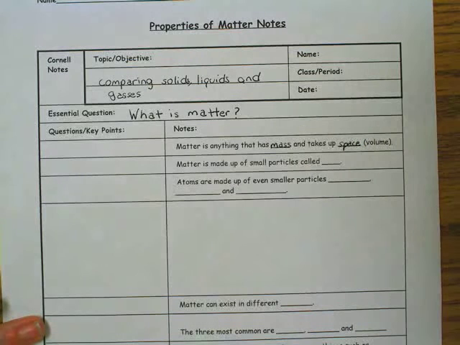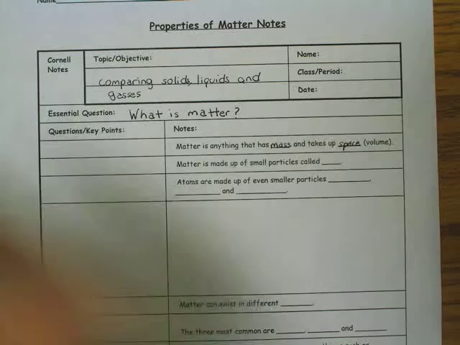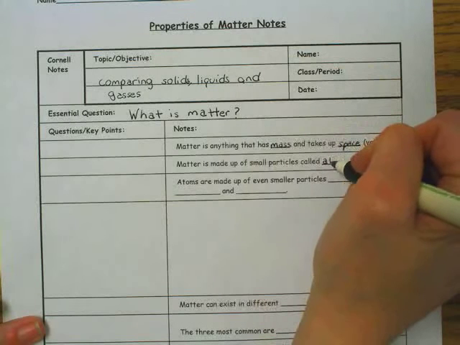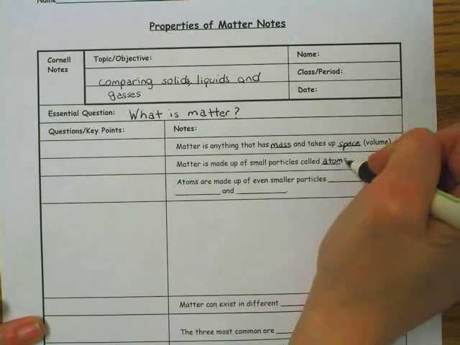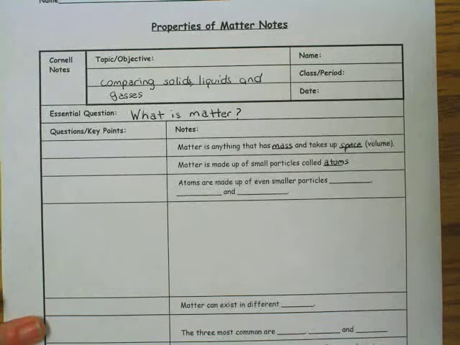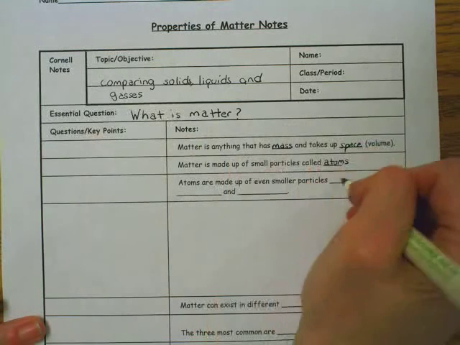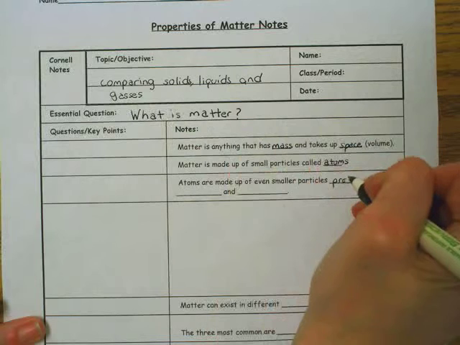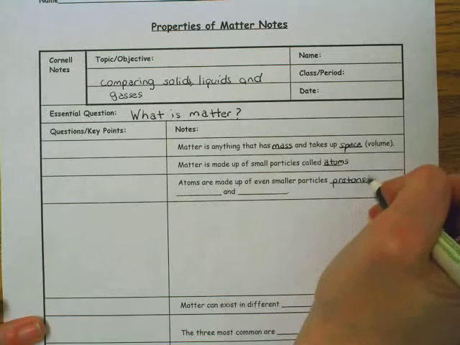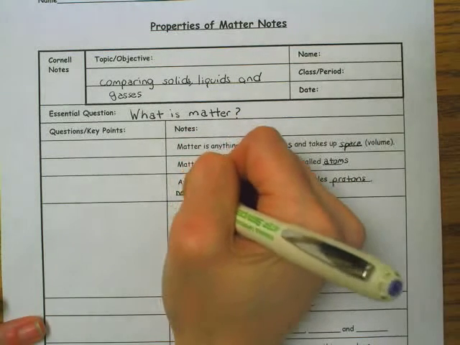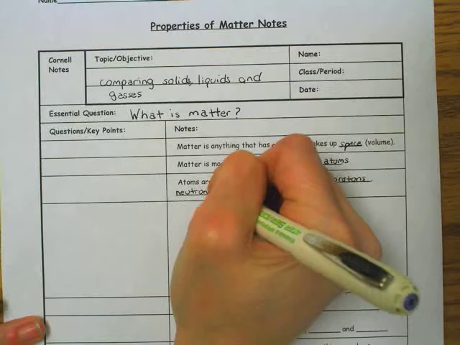Matter is made up of small particles called atoms. And atoms are made up of even smaller particles called protons, neutrons, and electrons.